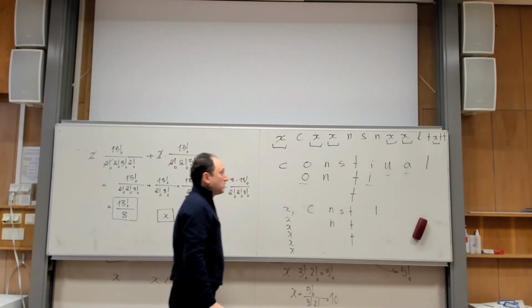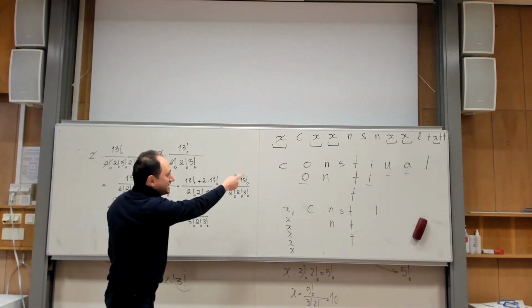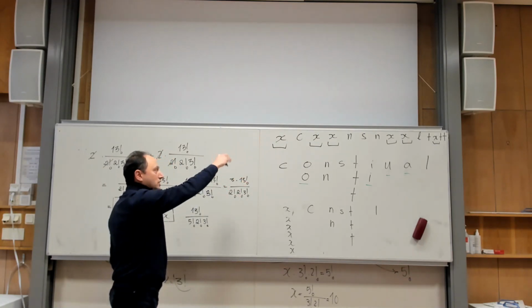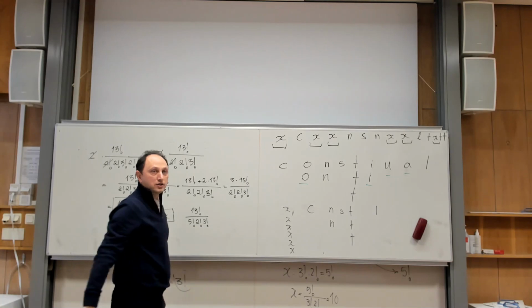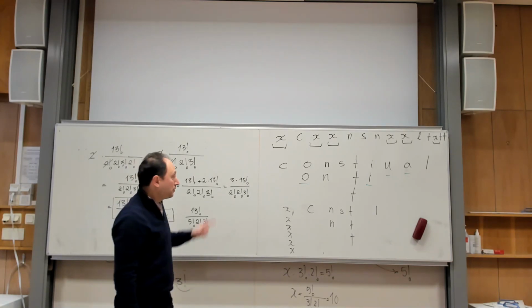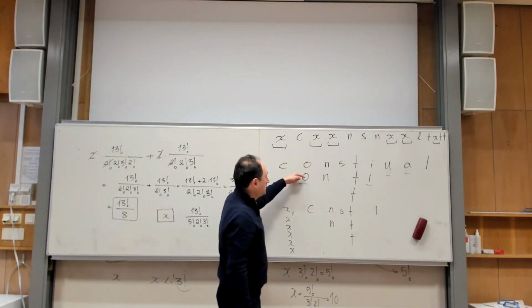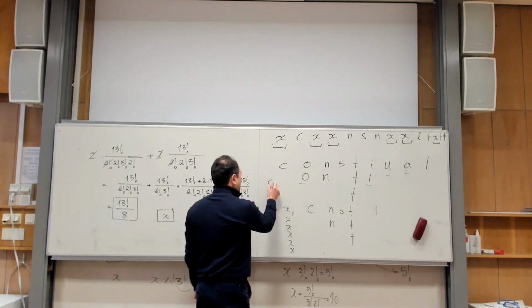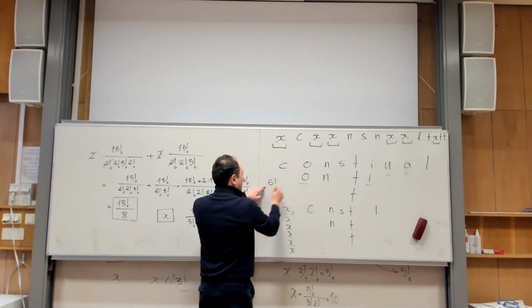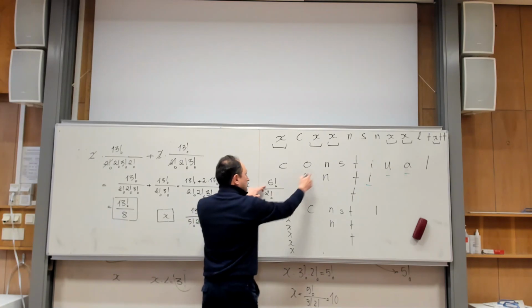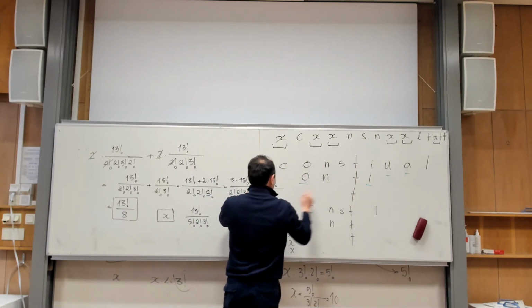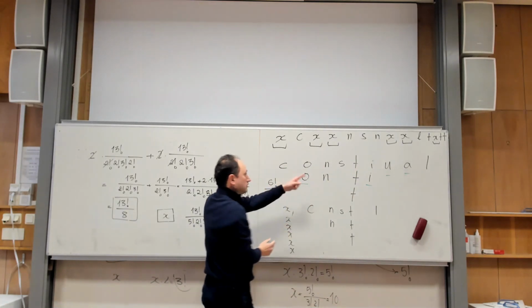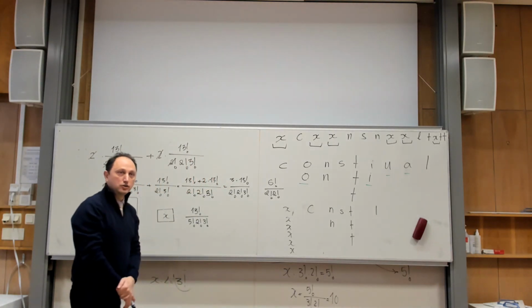How many ways can I put these letters into the positions specified by X's? 6 factorial. But 2 of them are of this type, and 2 of them are of that type, and then the rest are single. Yes or no?